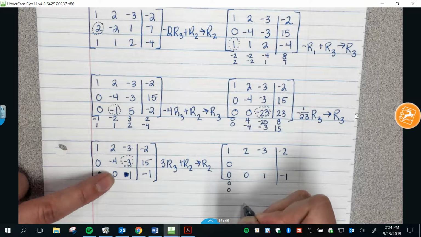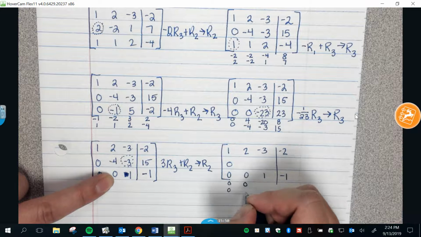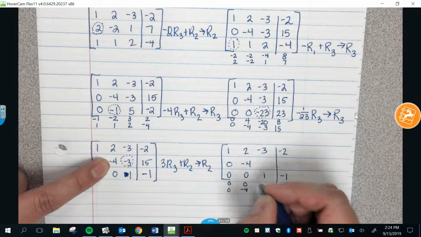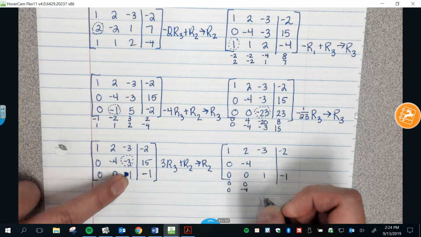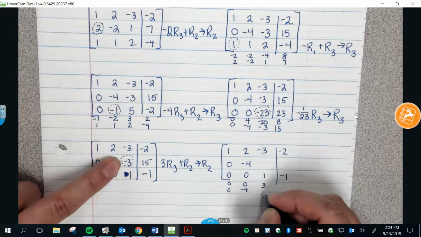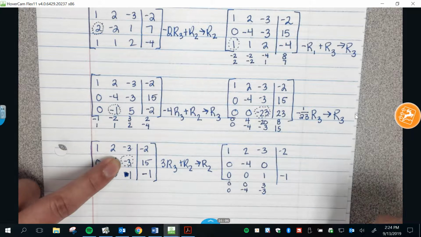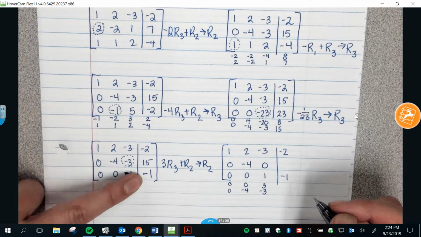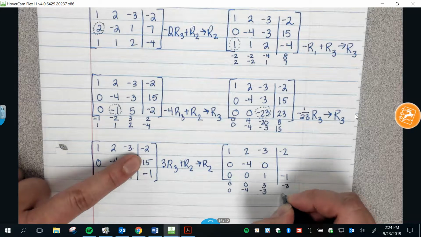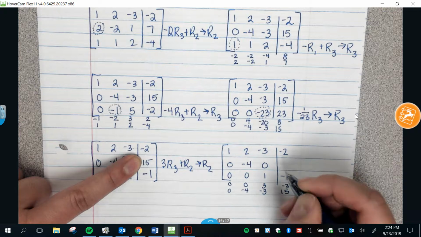Then I move over here. 3 times 0 is 0. Plus negative 4 makes negative 4. 3 times 1 is 3. Plus negative 3 makes 0. That's what we wanted, right? 3 times negative 1 makes negative 3. Plus 15 makes 12.